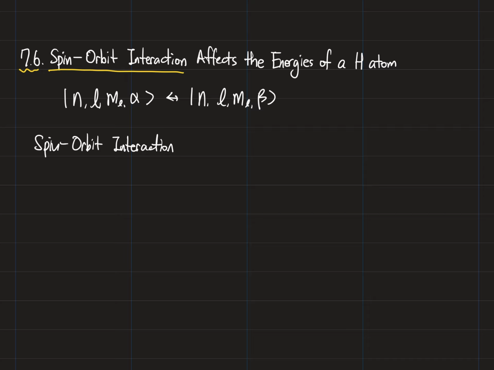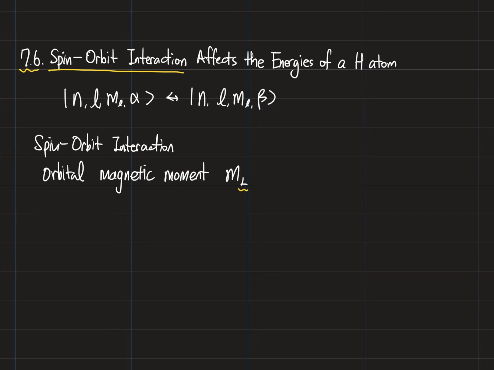So to understand this, we have to think of the electron as a magnet in two different ways. So first, the orbital magnetic moment, m sub L. We are going to use the capital L to denote the orbital magnetic moment.